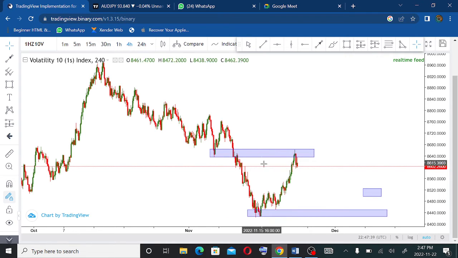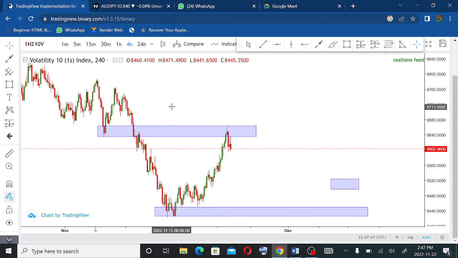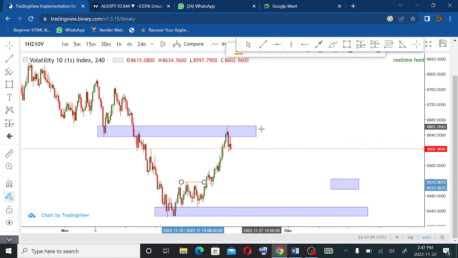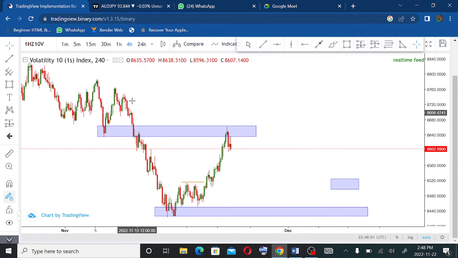But that aside, market may just do this, create a nice test at this point and then push up. But at the same time, we can see that we have a break of market structure here. Here we'll have a sell here.